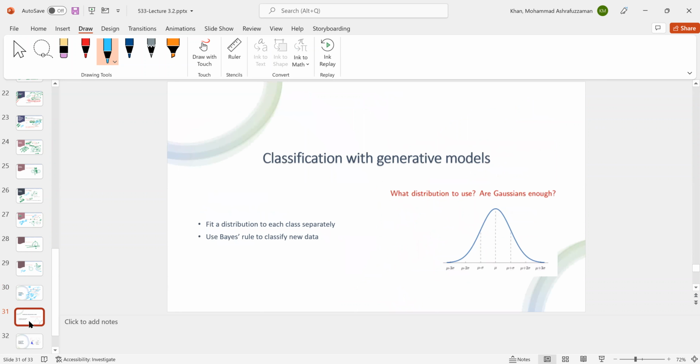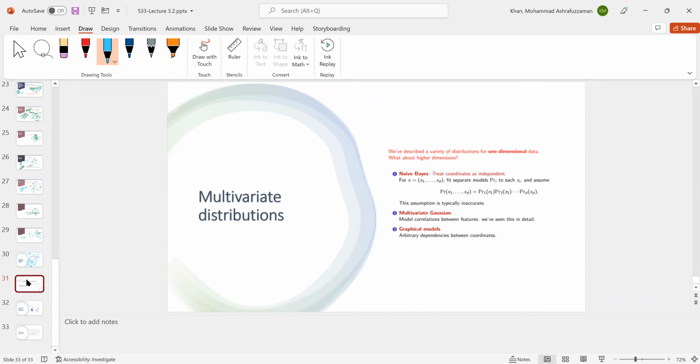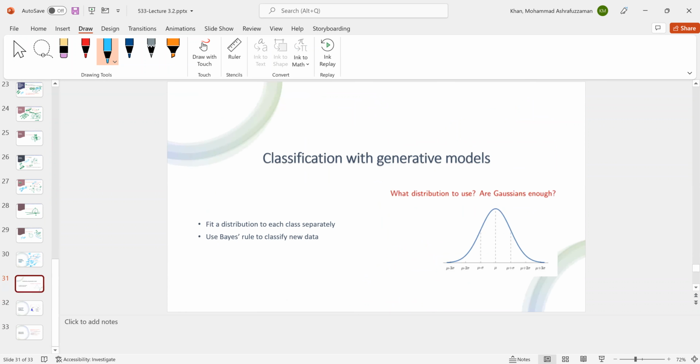Okay, now we discussed fitting our data set to a Gaussian distribution, and then using either joint probability distribution, which is basically a special case of Bayes formula, to find the actual class label from our data set.